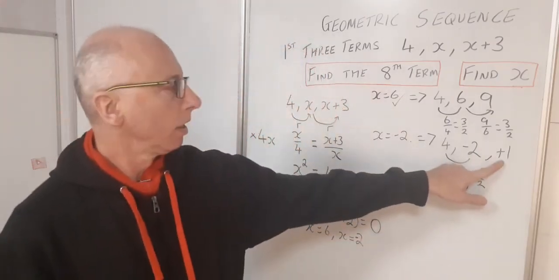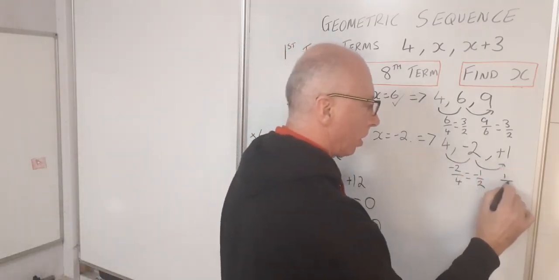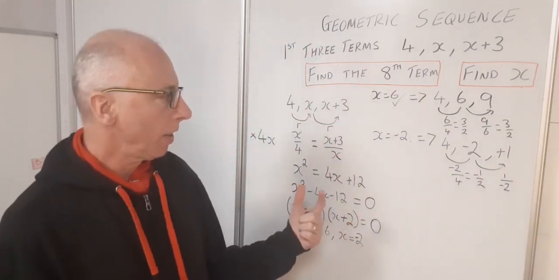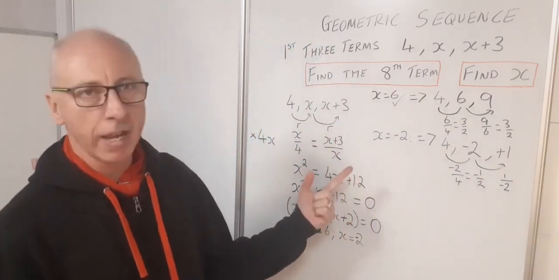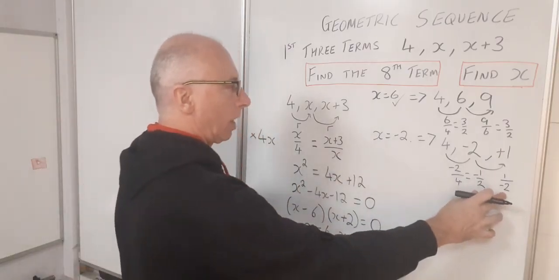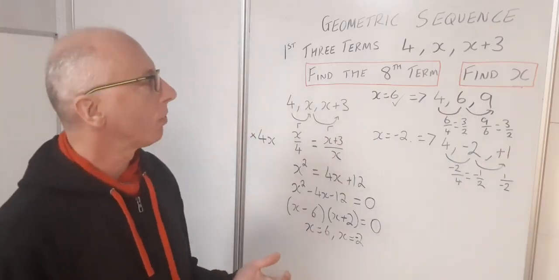And then here I've got 1 divided by minus 2, which also gives me minus 1/2. So they're both valid results for my x terms. So I can write up here now x equals minus 2 and x equals 6. So that's my two solutions for x.